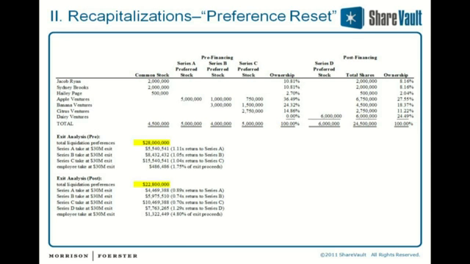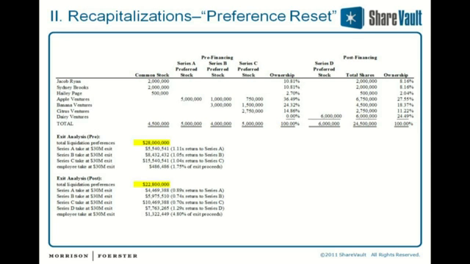So along comes a preference reset, and you can see what's happened here. The right-hand side, the post-financing cap table, really was no change. We can see Series D investing $6 million at, I believe, $1 per share. But most notably, the liquidation preferences, which we've summarized on a pre-money basis just below the table. You started at 28 million.